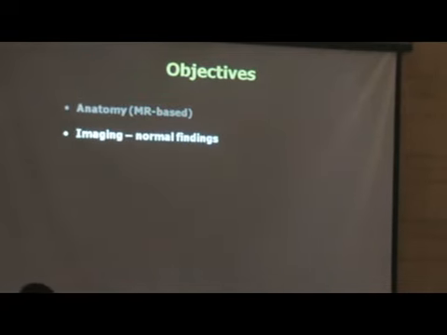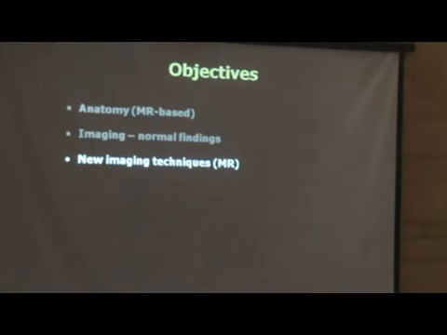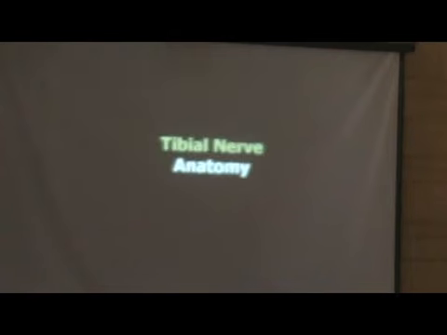Of course, I will give you some insight on the normal findings in imaging and briefly show you some new imaging techniques available on MRI to assess the peripheral nerves. And this is not only around the ankle and the foot, this is everywhere in the lower and upper limbs. And of course, I'm going to show you some examples of pathology leading to entrapment neuropathies.